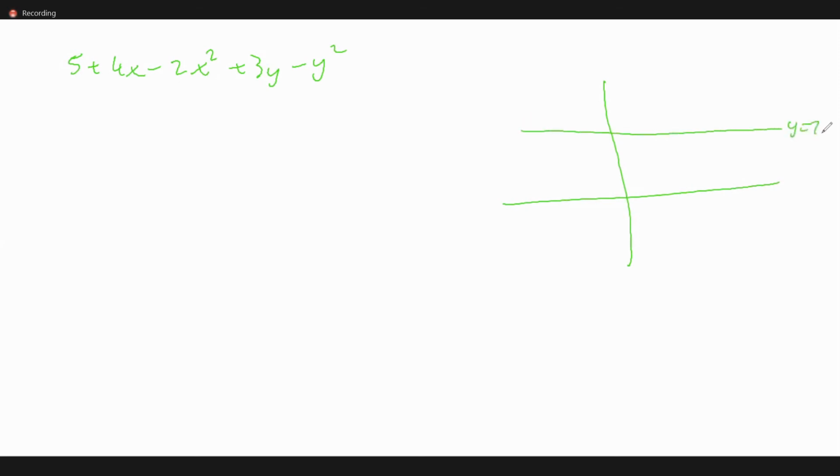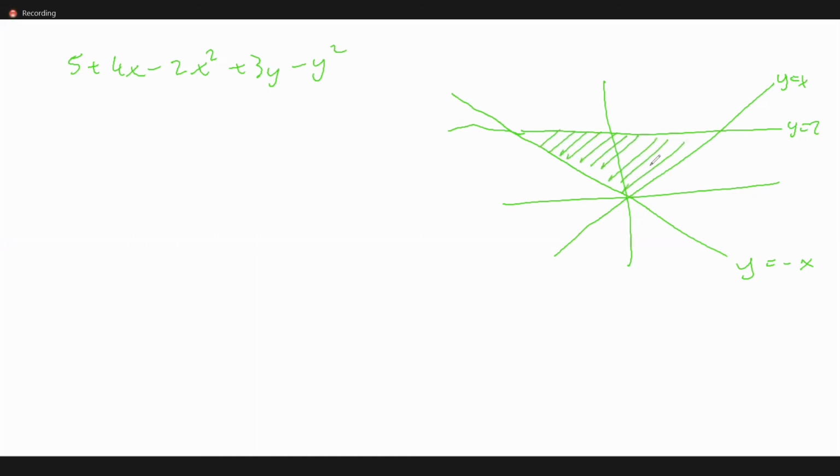So we want to find the extrema of the function 5 plus 4x minus 2x squared plus 3y minus y squared in the region bounded by the lines y equals 2, y equals x, and y equals -x. So we want to find the absolute extrema within this region.